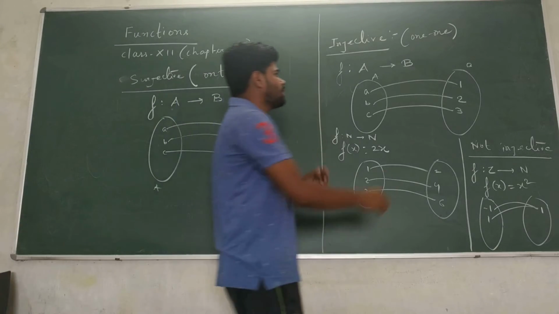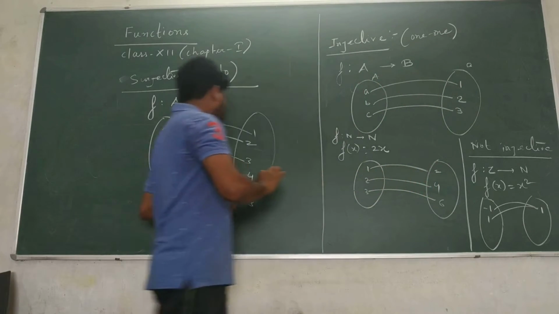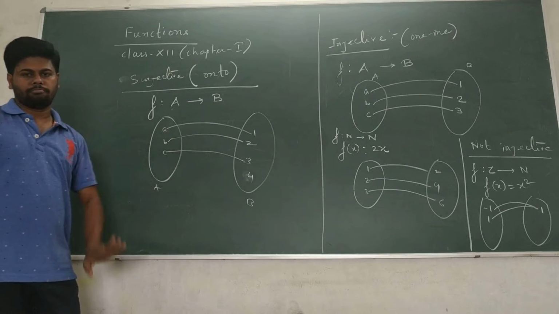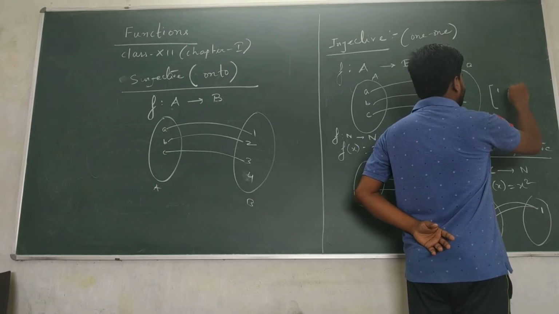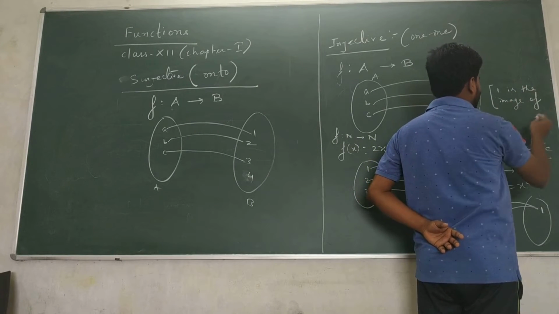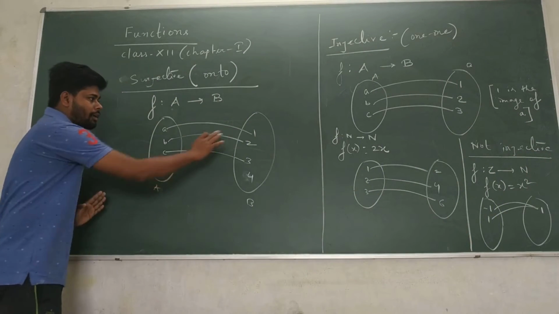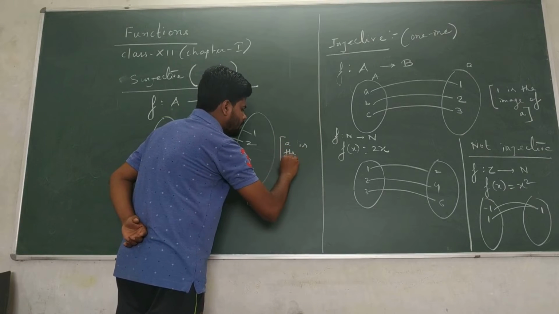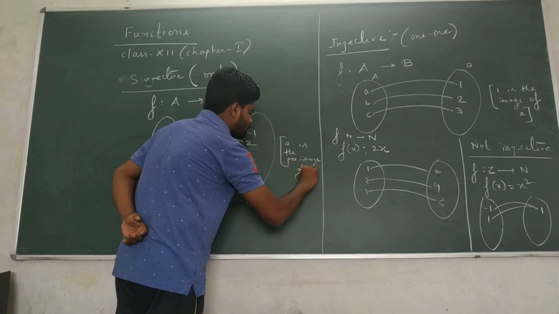This side I am saying 1 is the image of A, but here I will say A is the pre-image of 1. So let me write here: 1 is the image of A, but here I will say A is the pre-image of 1.